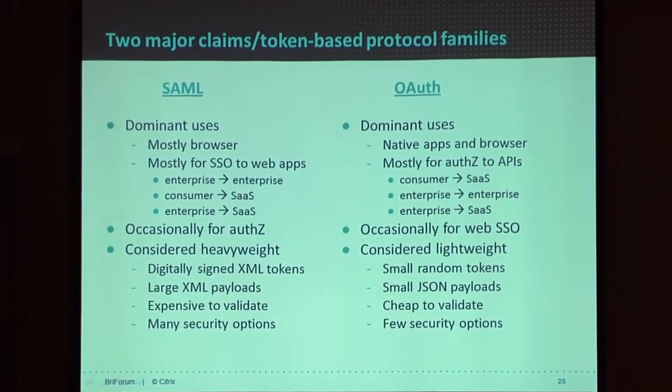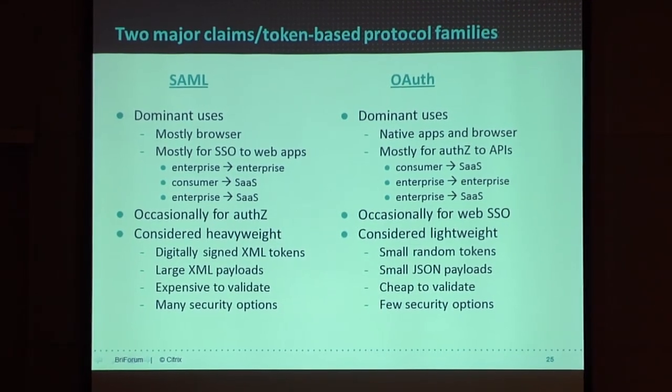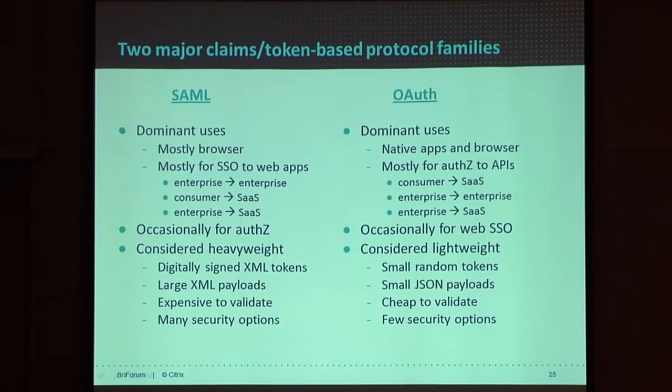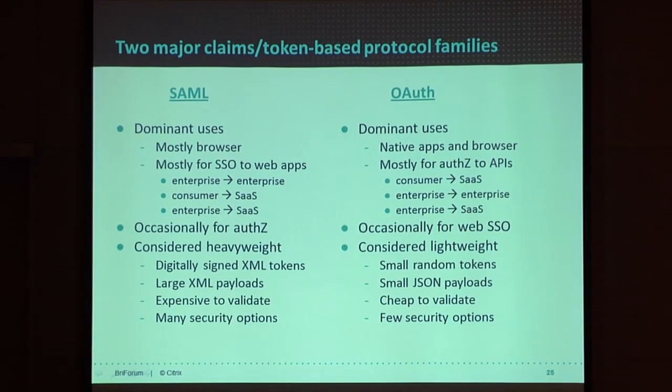But it sort of stopped evolving, and really people are now, in reaction to how heavyweight that was, folks like Twitter and Facebook decided they were not interested in doing really heavyweight processing. They wanted something that was just simple, just enough to do the job. So they went for things like JSON encoding of just the little bits of information you want, and very simple tokens, they're usually just a random number that you kind of confirm with the issuing party, which makes them very cheap to validate.